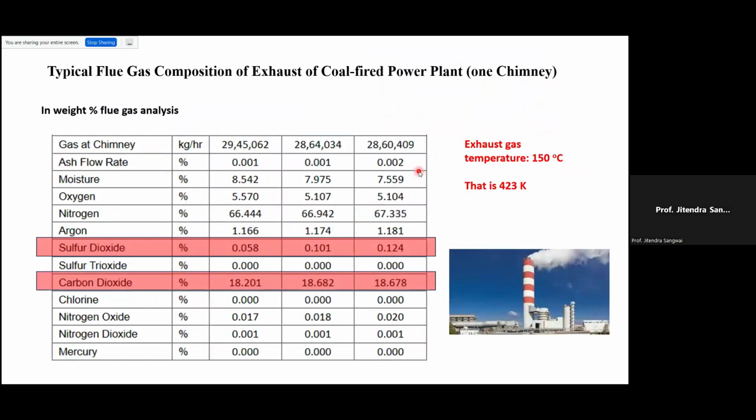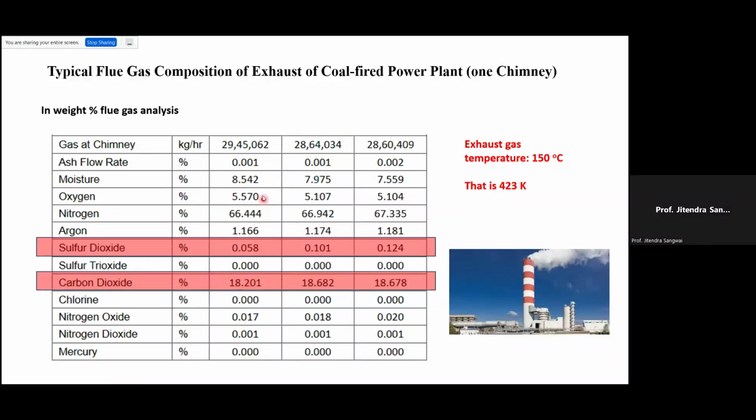Now, this is a typical flue gas, the exhaust we generate in a power plant, right? Most of these exhausts, from power plants with a chimney, primarily coal-based, contain primarily nitrogen, about 60 to 65% in most cases. The carbon dioxide can vary depending upon the nature of the coal, from about 18% to about 20%.